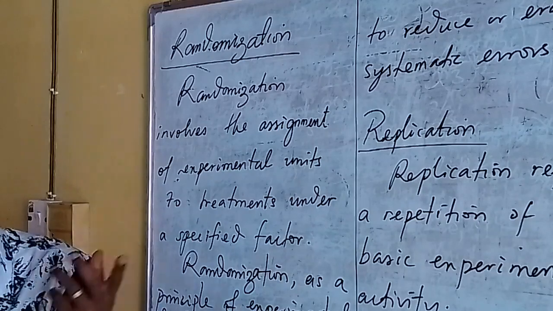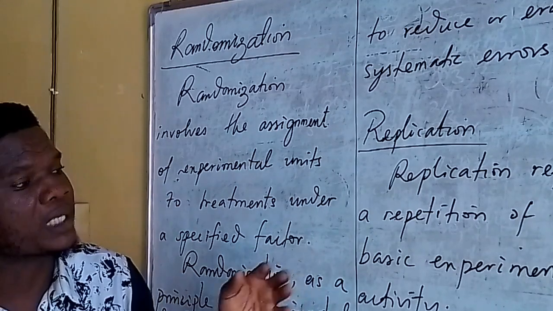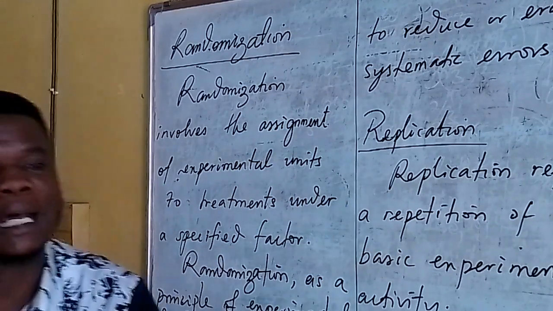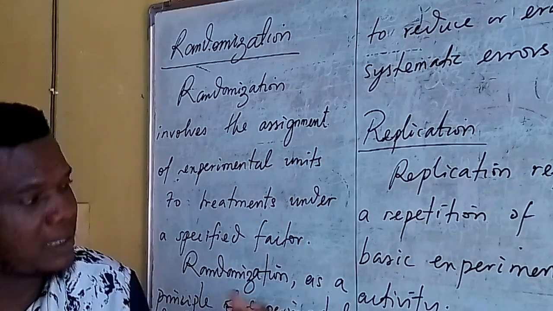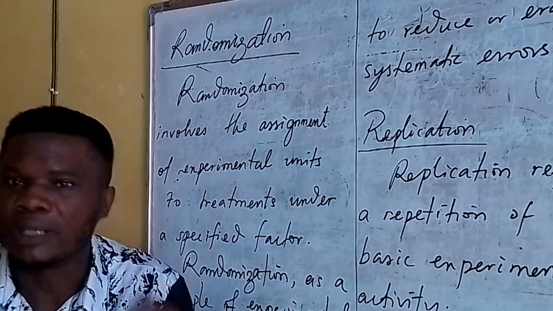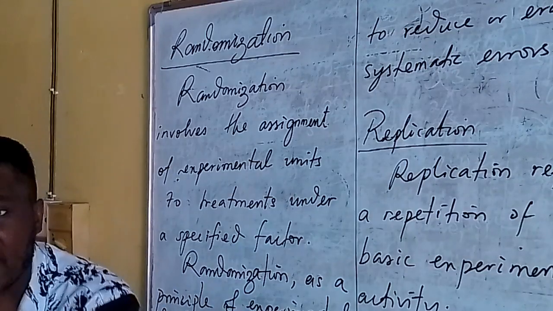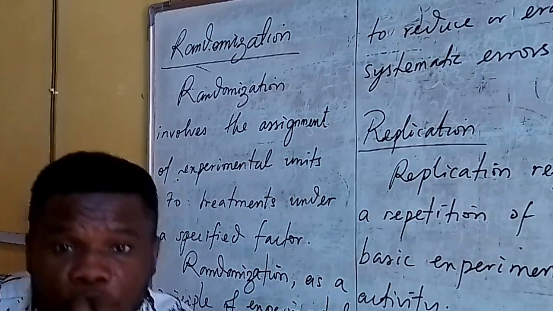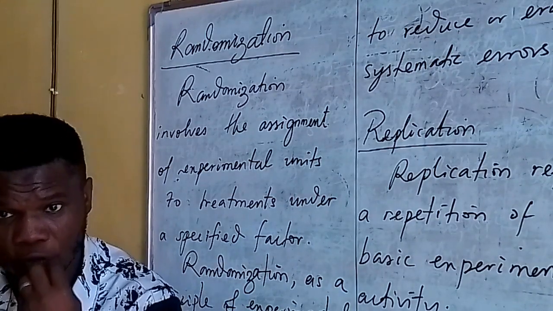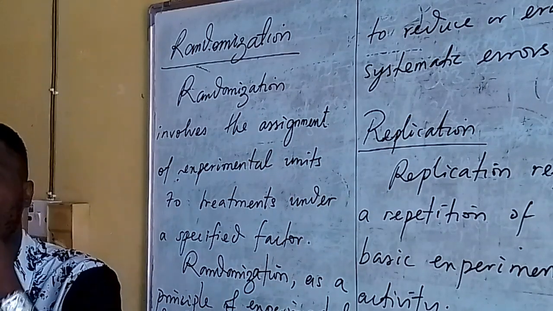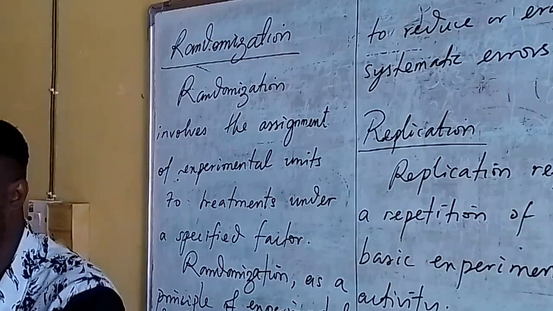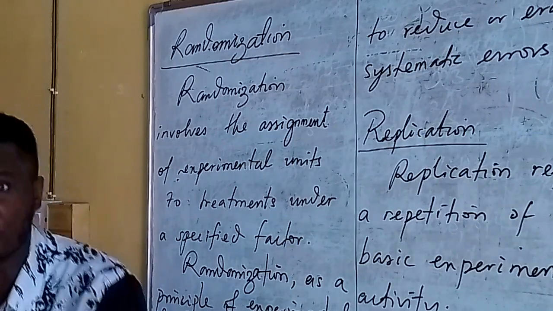Taste. So what we are saying is that replication is that principle that comes as a result of repeating the basic experimental what? Activity. In this instance, the basic experimental activity is the first one you tasted, which was enough to make a judgment, right? But if you ended at that first stage, it will give you an unconvincing judgment.